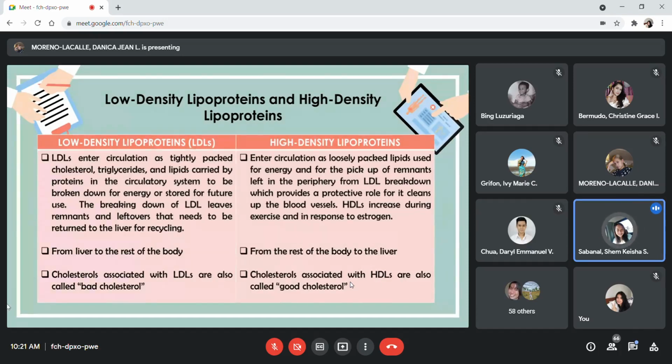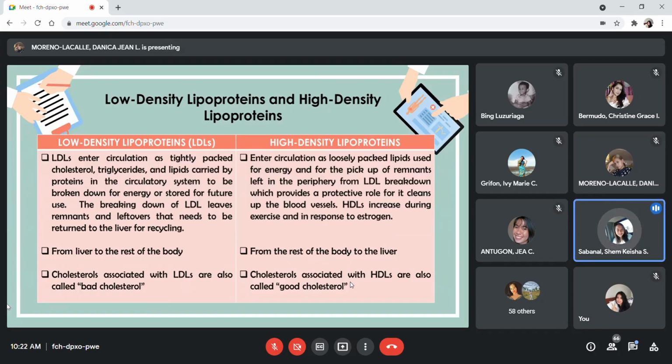So this remnant needs to be returned into our liver para dili siya mo pile up sa atong blood vessels. That is why if mas daghan ang atong LDL, mas daghan ang remnants nga mahimo, and this remnants is thought to cause an inflammatory process in our blood vessels, which we know can contribute to the development of coronary artery disease. That is why kanang cholesterols associated with our LDLs are also known as our bad cholesterols.